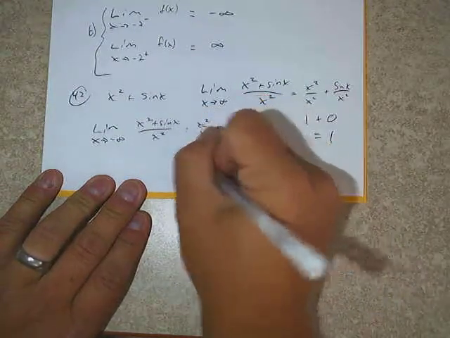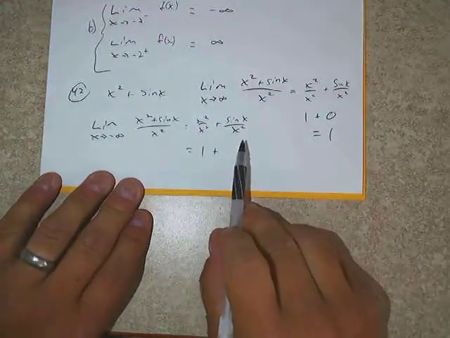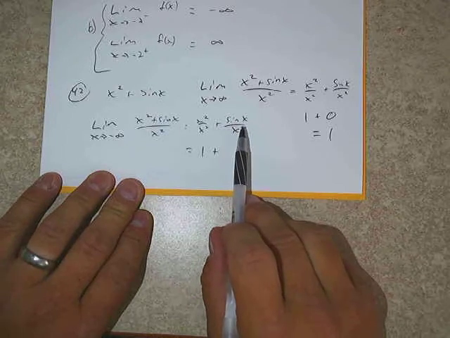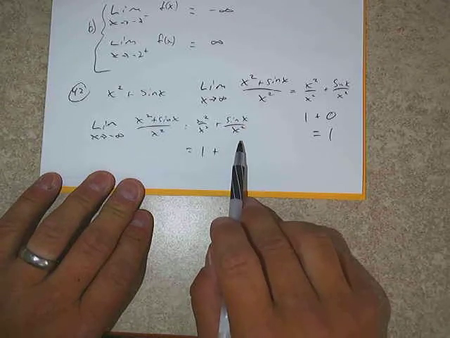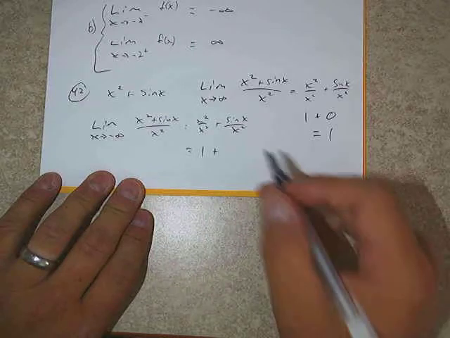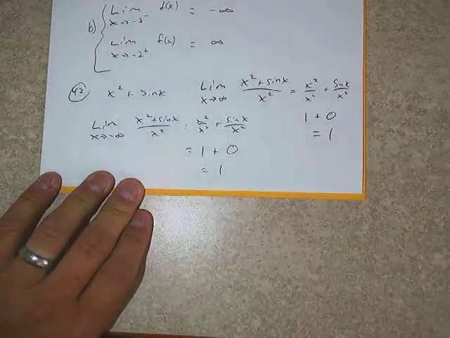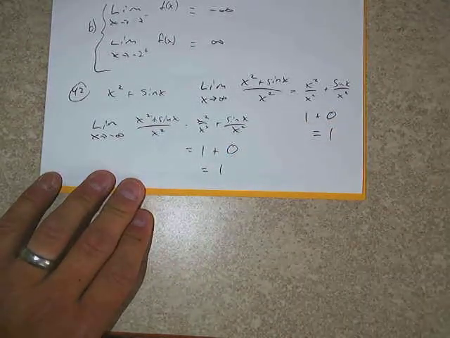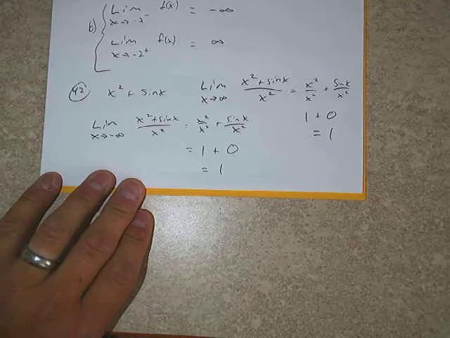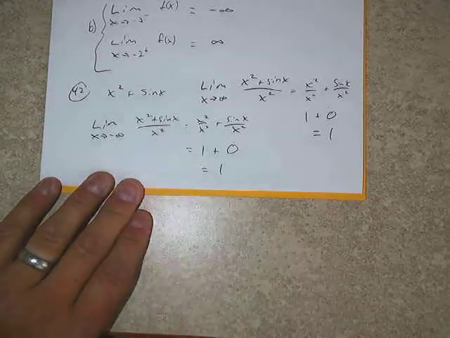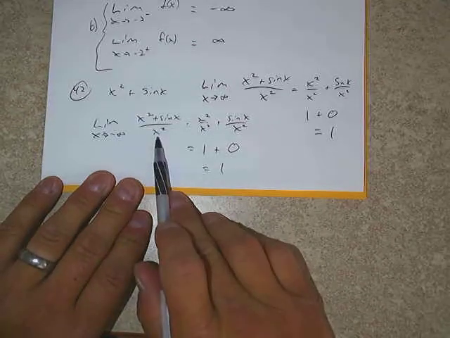Same exact procedure. We get 1 plus, and again, considering negative infinity here, sine going left still does the same thing. X squared gets big, and so that's also 0, and our answer then is 1.